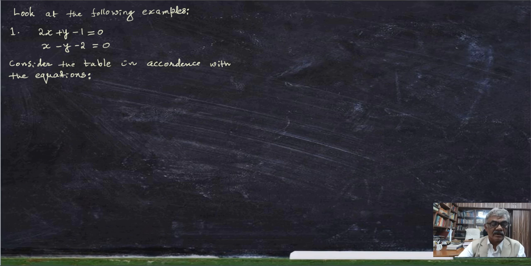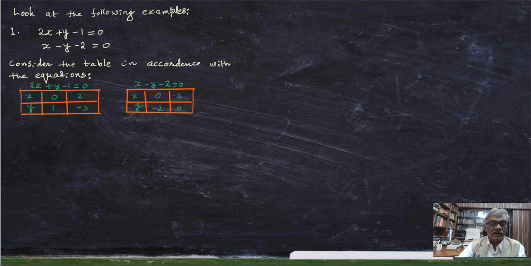For 2x + y - 1 = 0: x = 0, y = 1, and x = 2, y = -3. Similarly, in the second case, x - y - 2 = 0: x = 0, y = -2, and x = 2, y = 0.